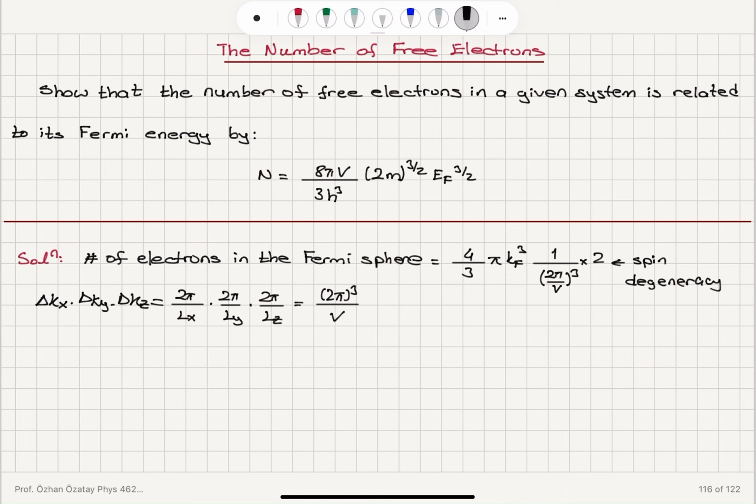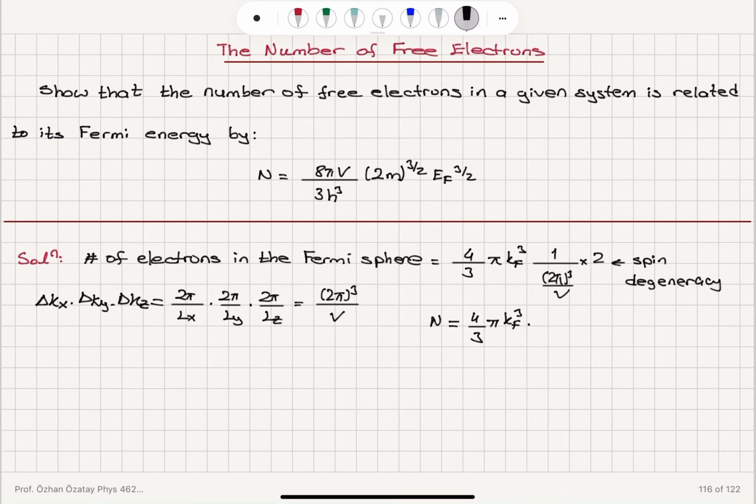Okay, so the total number of electrons in the Fermi sphere, capital N, is 4 over 3 pi kF cube multiplied with, so here is a mistake, this is 2 pi parentheses cube divided by V, right?